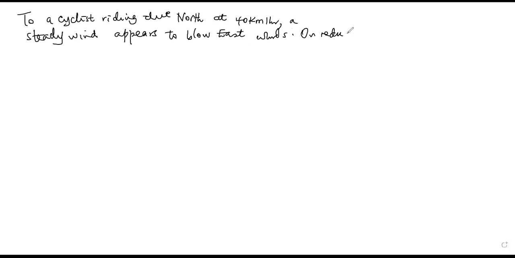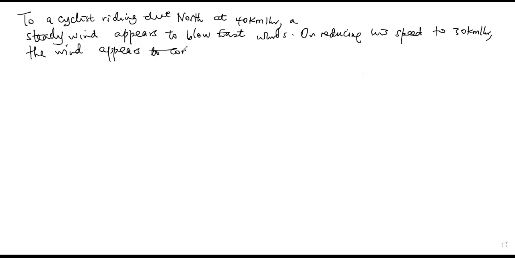On reducing his speed to 30 kilometers per hour, the wind appears to come from southwest. Find the true velocity of the wind.